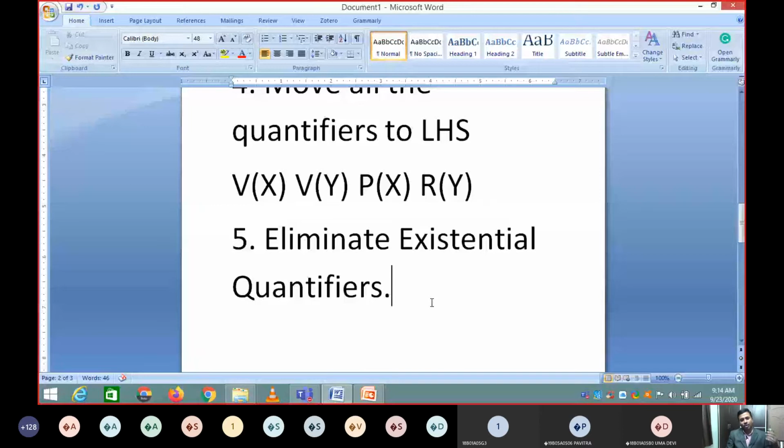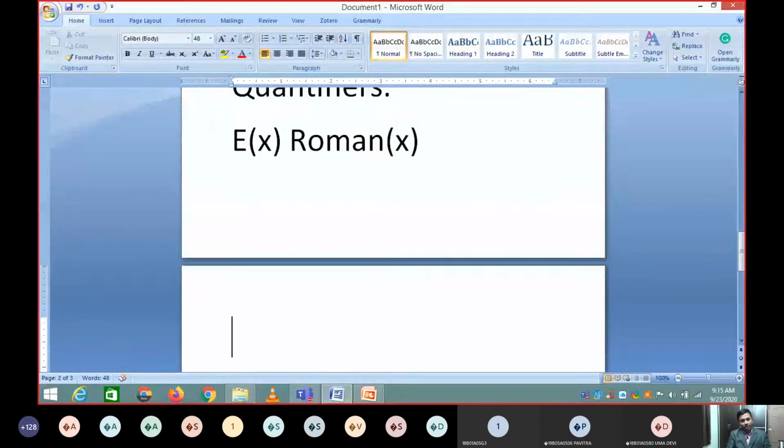So obviously you replace it. If I say there exists x such that Roman of x, if this is a statement, remove this existential quantifier and write x1 itself. x1 is a specific instance, so there is no need to write this part.